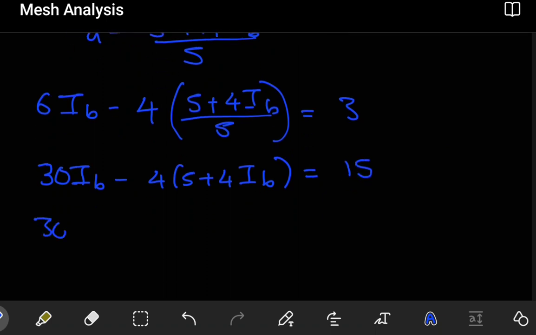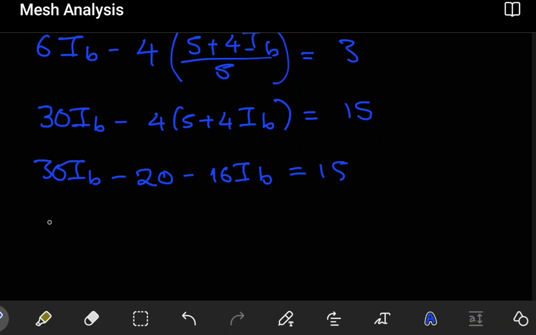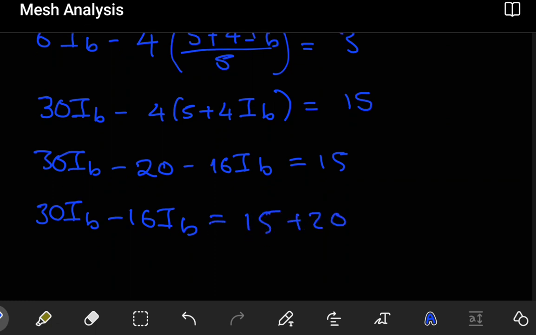Reduce this again: 30 IB minus 20 minus 16 IB equals 15. So group the like terms. We have 30 IB minus 16 IB equals 15 plus 20.